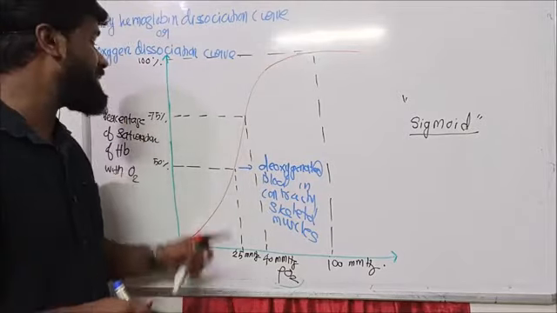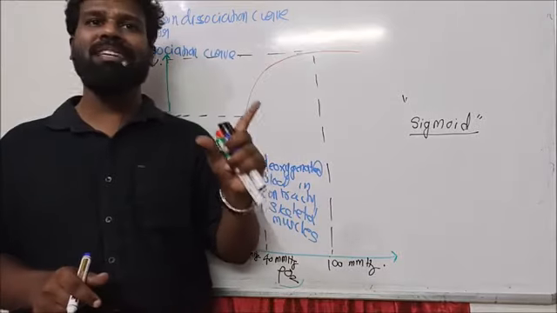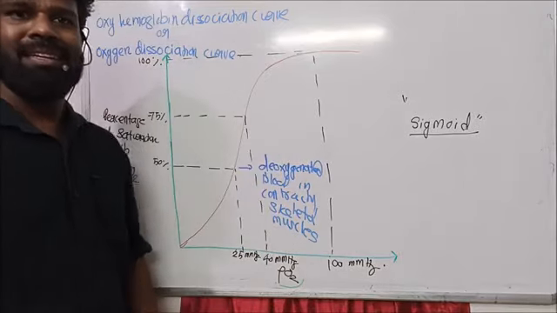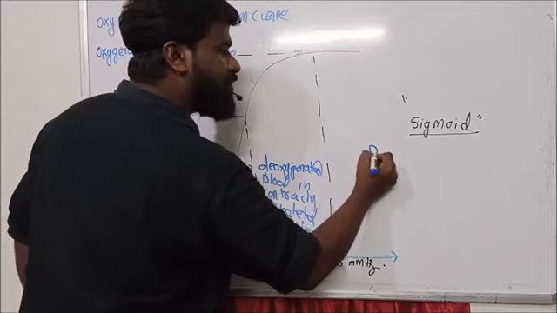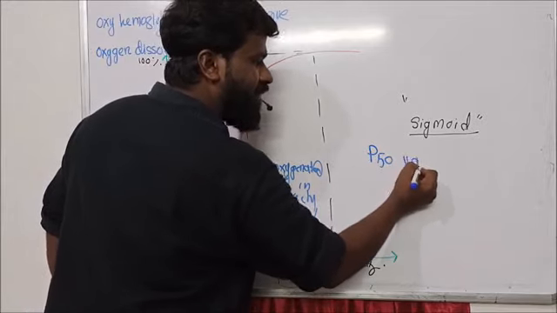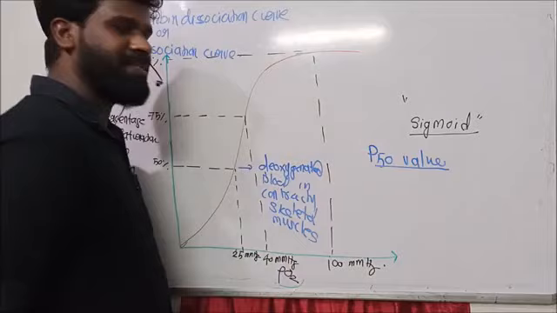At this 25 mmHg, 50% of hemoglobin is saturated with oxygen. This is the P50 value under the normal physiological condition.